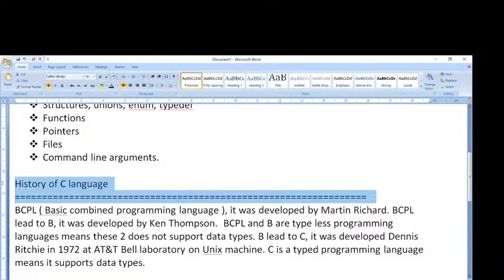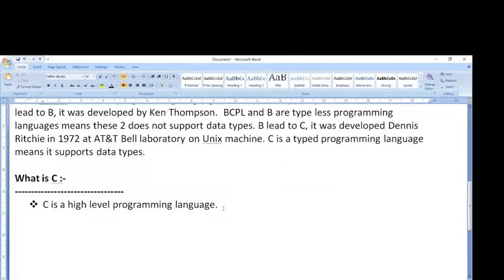C is a high level programming language. What is the meaning of high level? High level means we can write programs by using simple English words, like print, scan, like that.